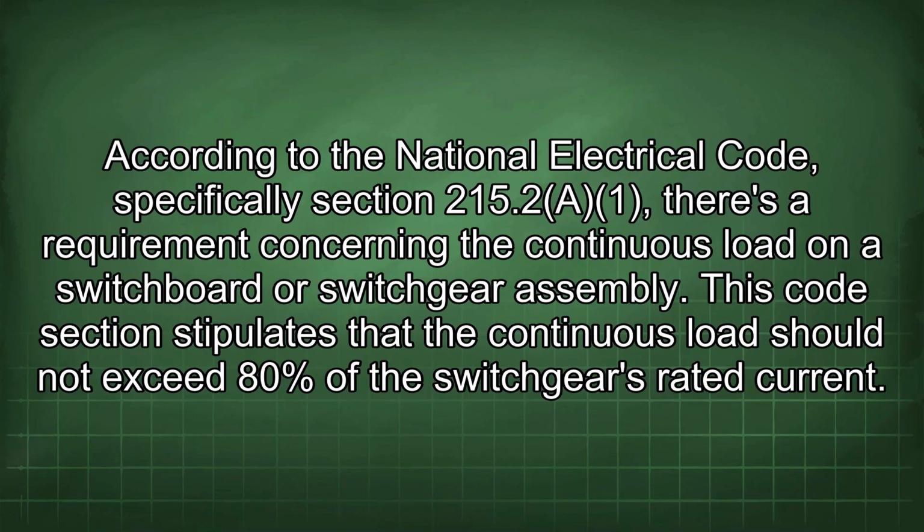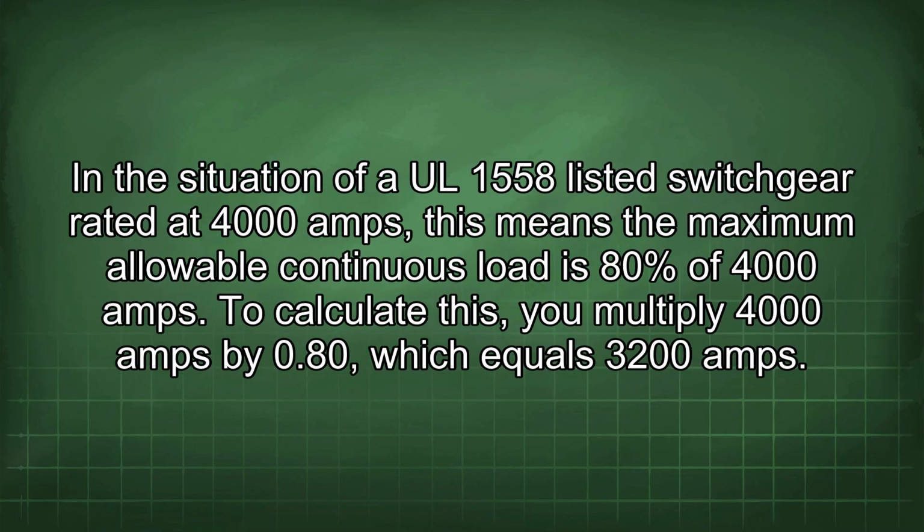According to the National Electrical Code, specifically Section 215.2(A), there's a requirement concerning the continuous load on a switchboard or switchgear assembly. This code section stipulates that the continuous load should not exceed 80% of the switchgear's rated current. In this situation of a UL 1558 listed switchgear rated at 4000 amps, this means the maximum allowable continuous load is 80% of 4000 amps.